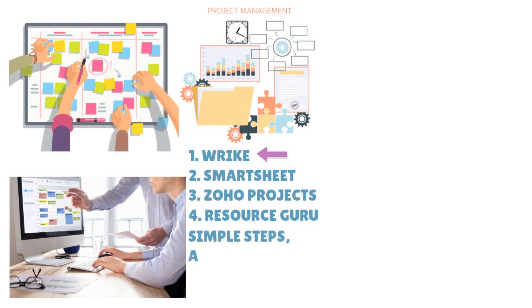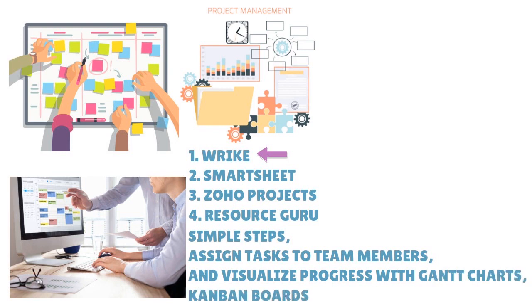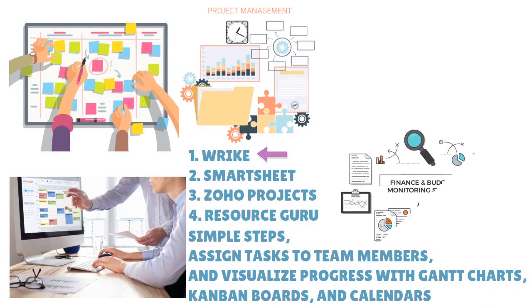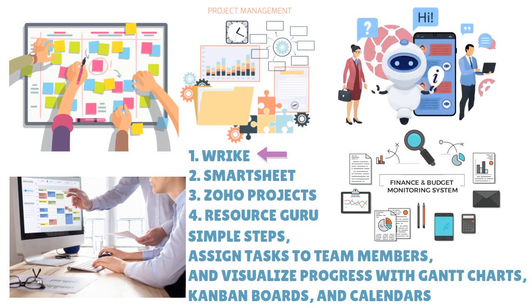You can break projects into simple steps, assign tasks to team members, and visualize progress with Gantt charts, Kanban boards, and calendars. You can manage resource allocation and forecasting with software that's easy to launch. You also have automation and AI features that strip away time-consuming admin tasks so you can do the best work of your life once again.